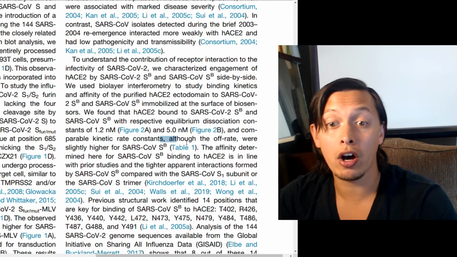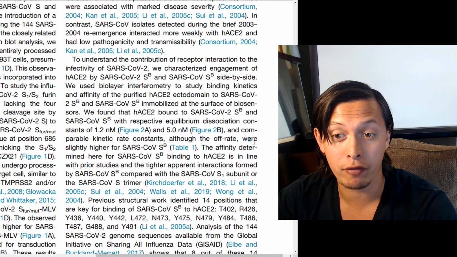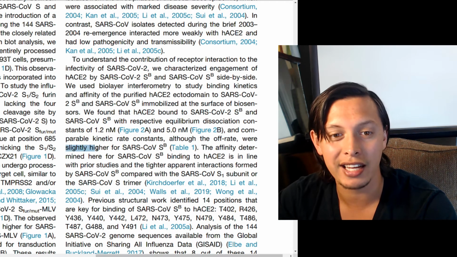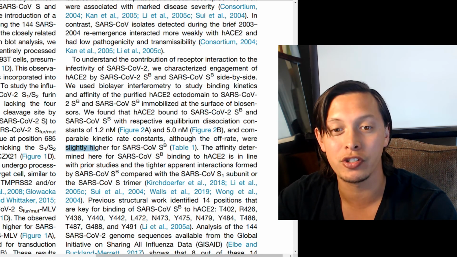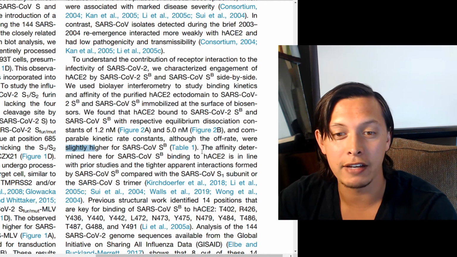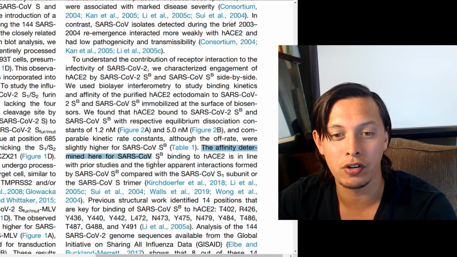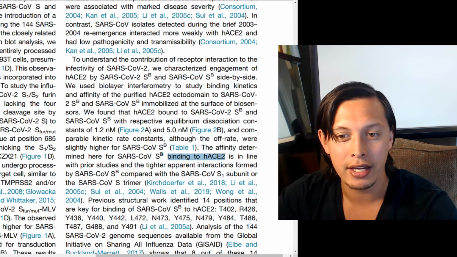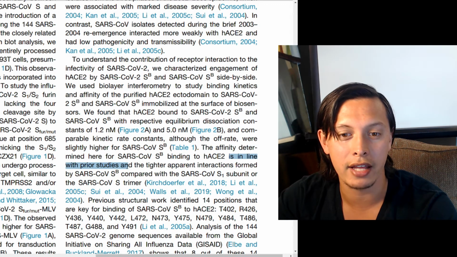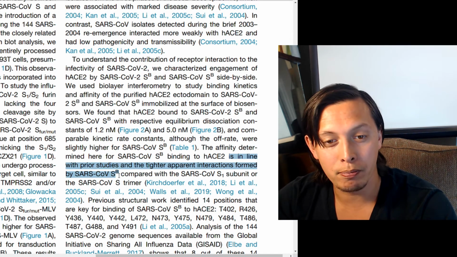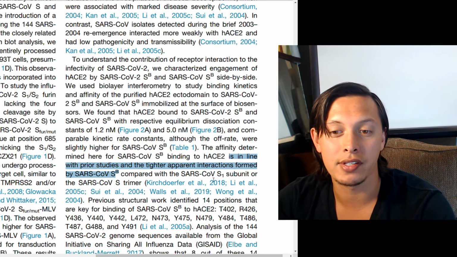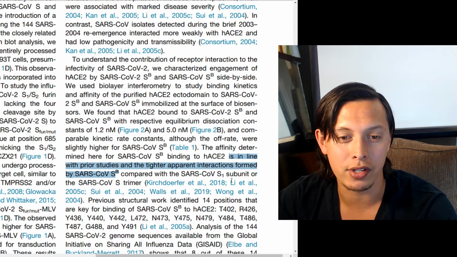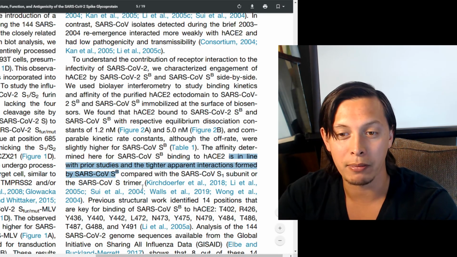And although the off rate were slightly higher for the original SARS spike protein, the affinity determined here for SARS-CoV spike binding to human ACE2 is in line with prior studies, and the tighter apparent interactions formed by SARS-CoV-2 spike binding domain compared with the SARS-CoV S1 subunits or the SARS-CoV spike trimer.